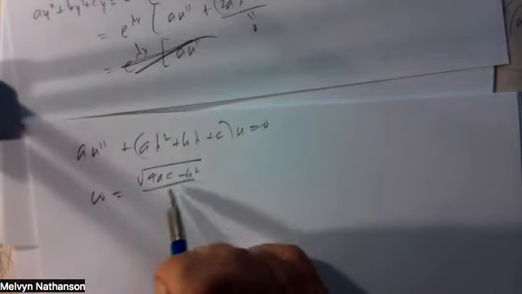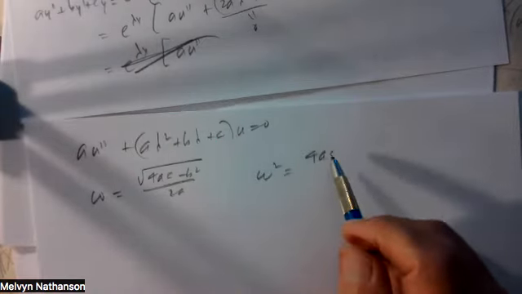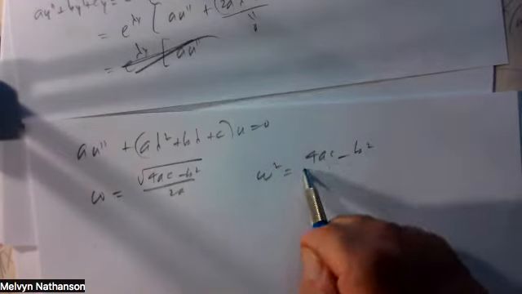And omega is equal to the square root of 4AC minus B squared over 2A, so omega squared is 4AC minus B squared over 4A squared.